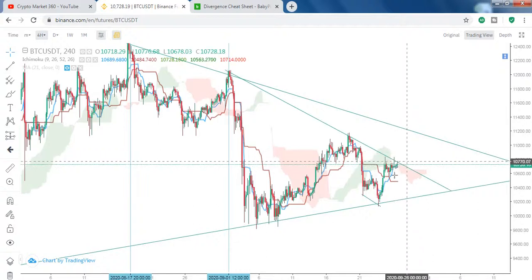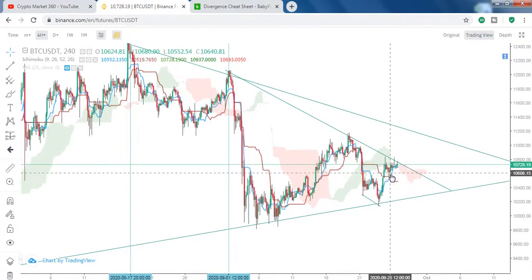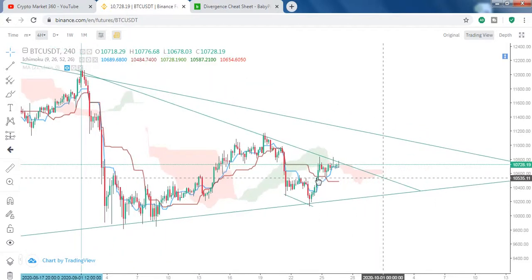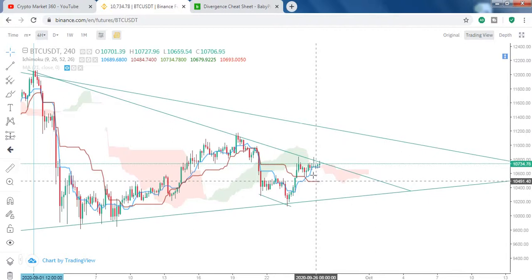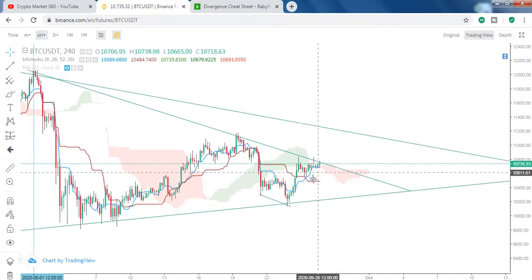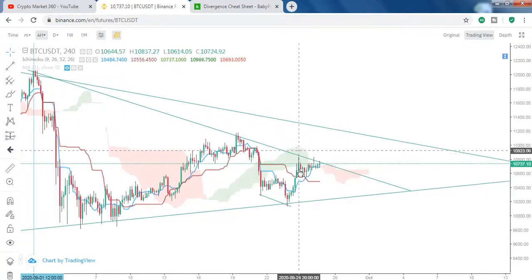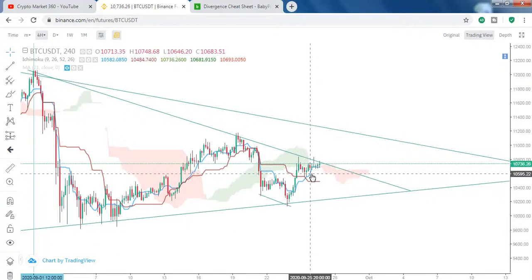When we break and retest, we may find another crossover. When the blue line crosses the brown line, the 9 MA crossing the 26 MA, that means a bullish signal. Here there was a buy signal, but it was under the cloud, so this buy signal was weak.